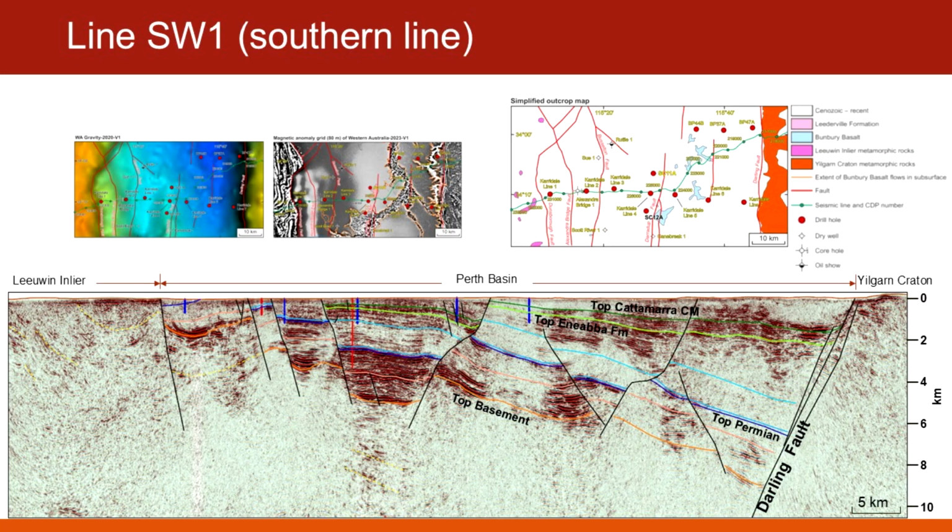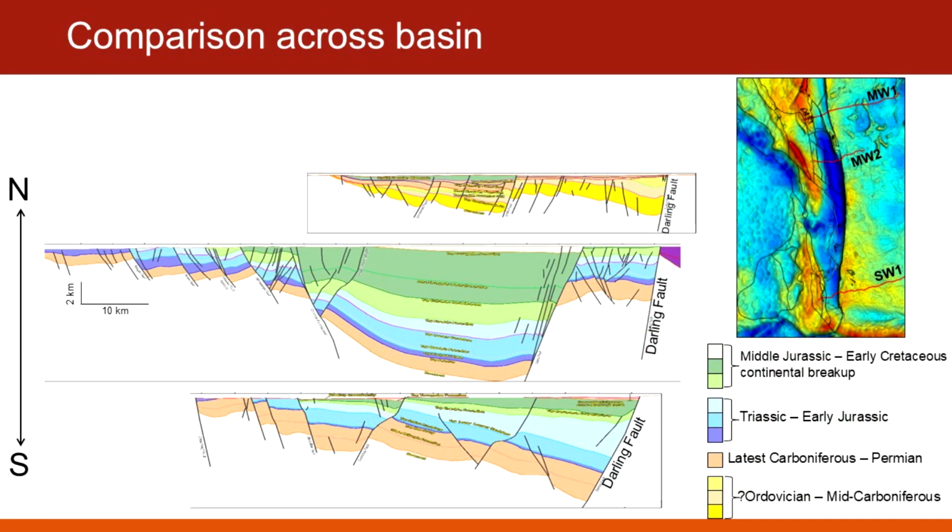So if it weren't for a lot of these petroleum drill holes, it really would be tricky to pick some of these horizons. All right, so I'm just comparing the three lines here, and I've coloured it up according to age and major rifting episode. So the yellowy colours, this is that older package that we only see in the northern line, line MW1.